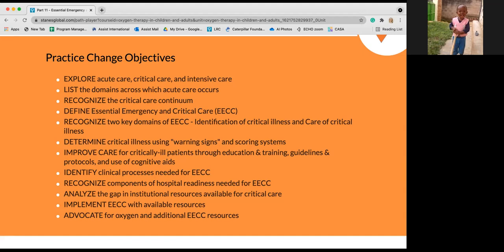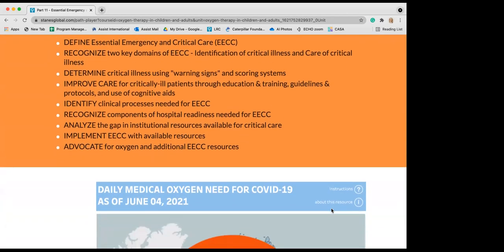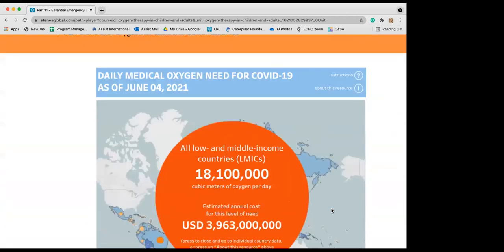We analyze the gap in institutional resources available for critical care. We also implement EECC with available resources. Lastly, advocacy and additional EECC resources. So welcome everyone. Without delaying, we can go to the next slide.